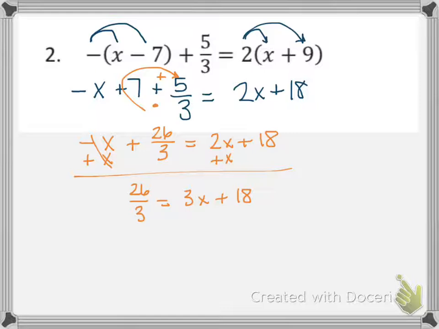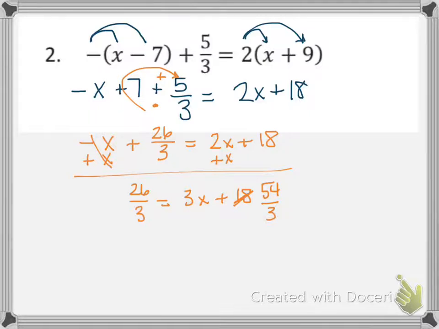And then I'm going to need to subtract the 18, but I want to make that into thirds. So 18 into thirds would be 18 times 3, and that is 54. So this is going to be, instead of 18, it's going to be 54 thirds, if I think of it that way.